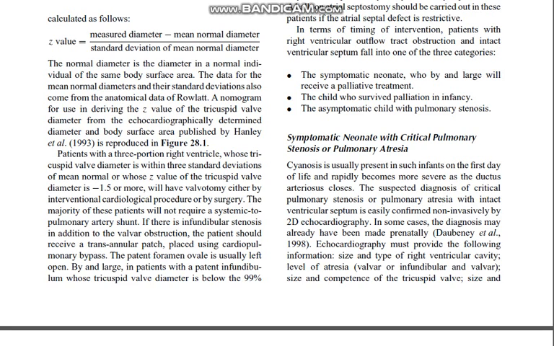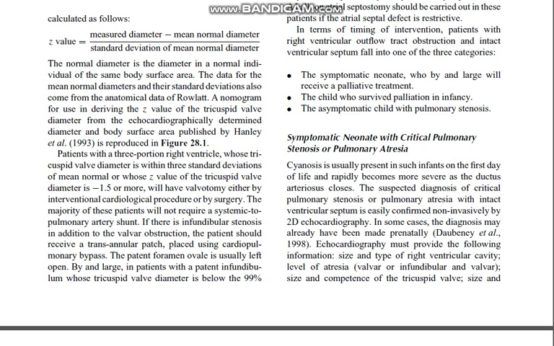ductus arteriosus closes. The suspected diagnosis of critical pulmonary stenosis or pulmonary atresia with intact ventricular septum is easily confirmed non-invasively by 2D echocardiography. In some cases, the diagnosis may already have been made prenatally.